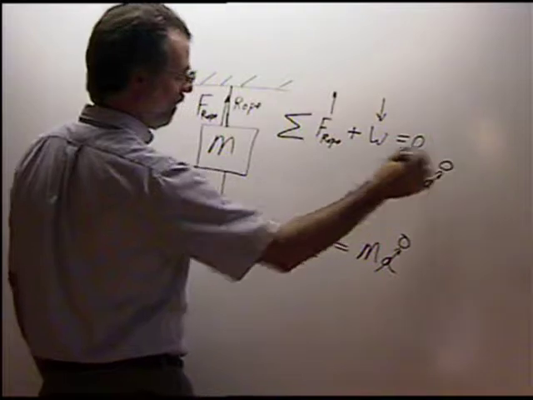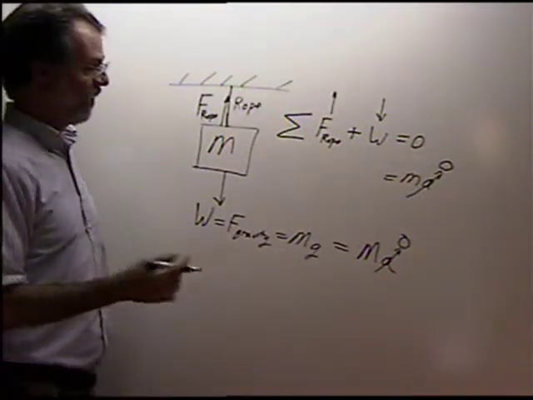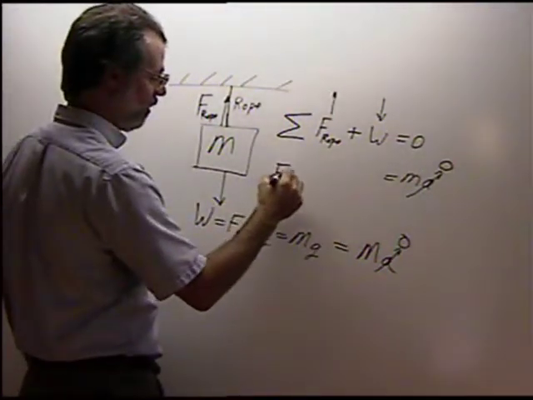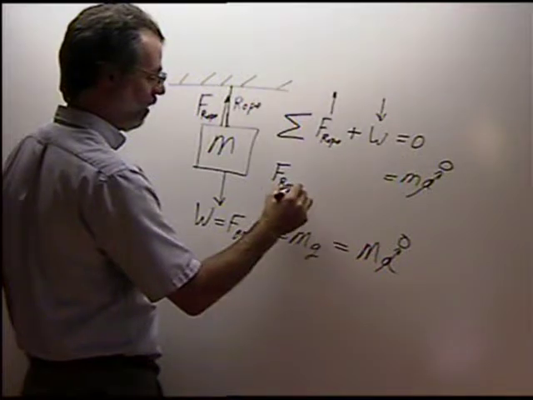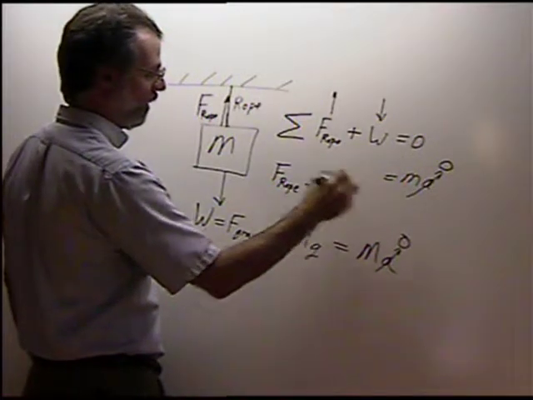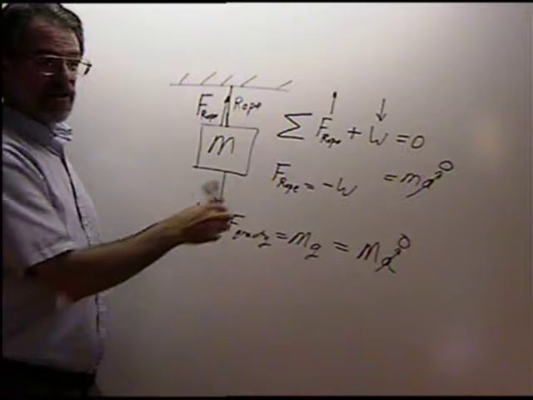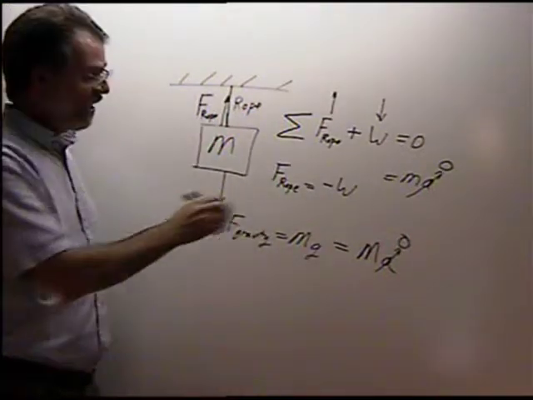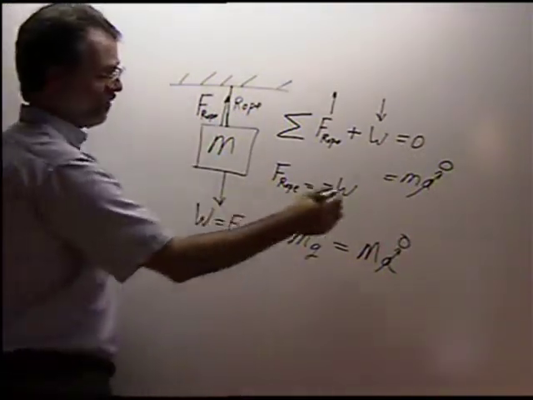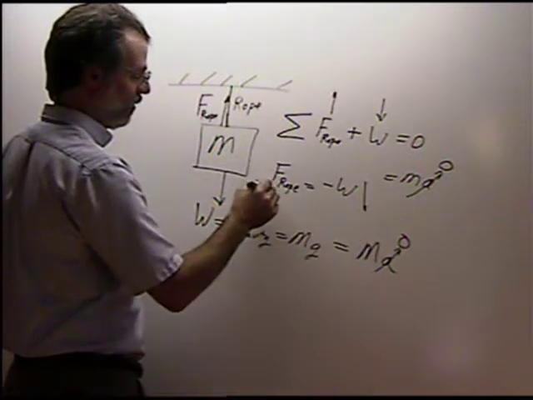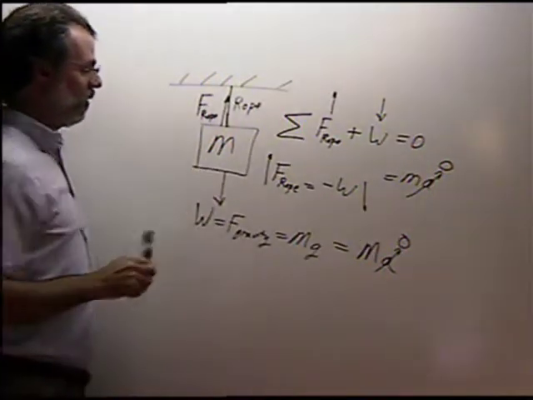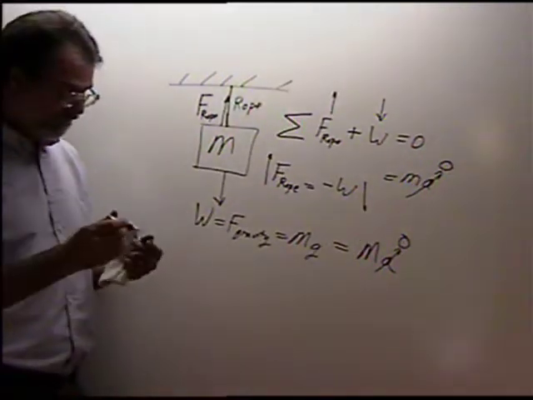We know that because it doesn't accelerate any. So that means that the force or the tension in the rope is equal to the weight. It's a negative, it's acting in the opposite direction. The negative means that it's acting in the opposite direction. Weight acts down, force of the rope acts up. So the mass does not accelerate any.